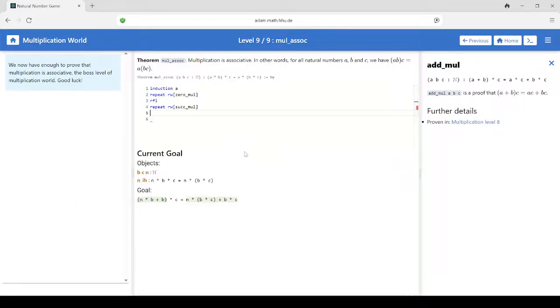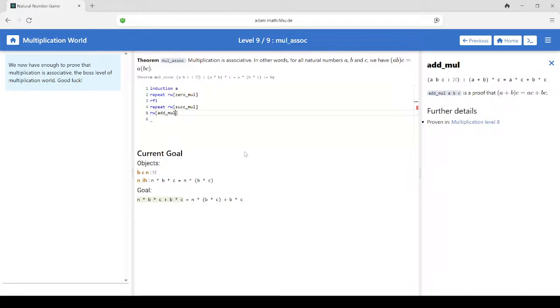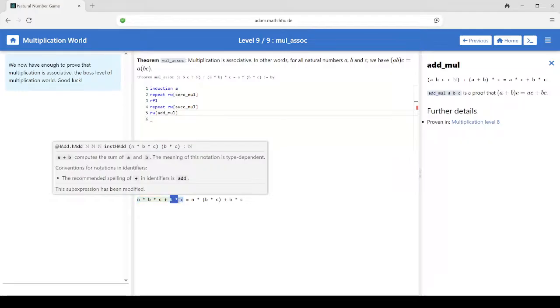I feel like I've tried that already and it didn't work. It worked! So we end up with N times B times C plus B times C.